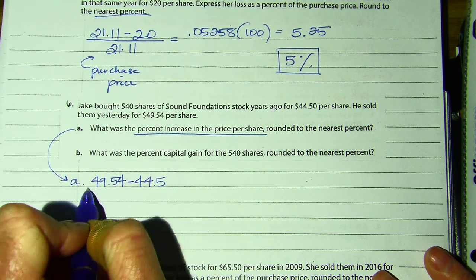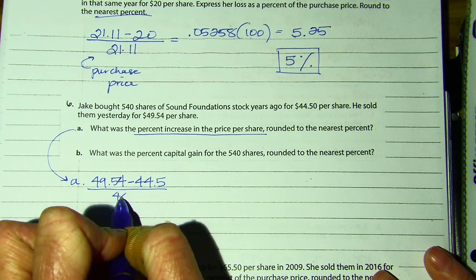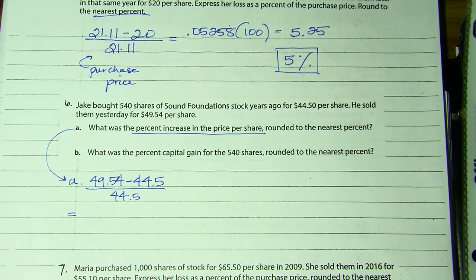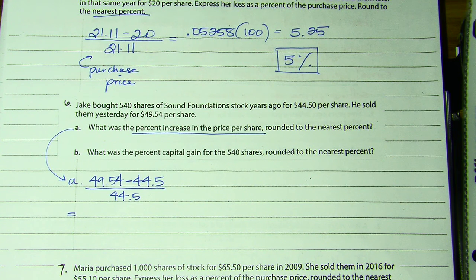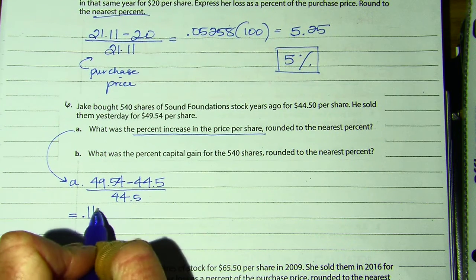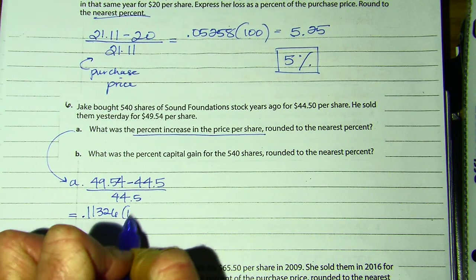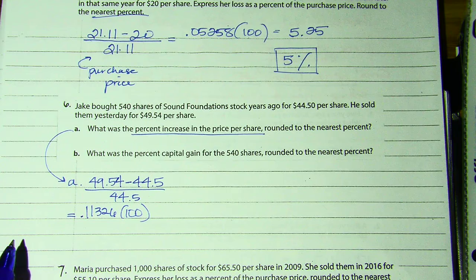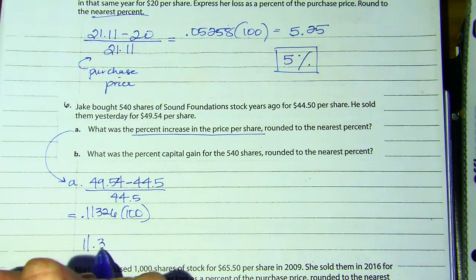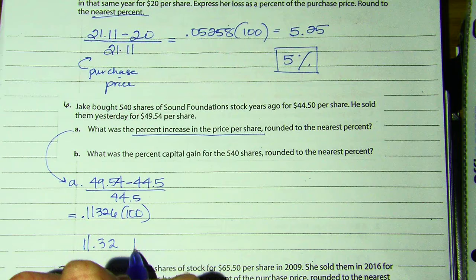And I divide it by the amount it was purchased for. And then I'm going to record the decimal. So 49.54 minus 44.50 divided by 44.50 gives me 0.11326. I'm going to times that by 100 to convert it to a percent, and I get 11.32 or 11%.